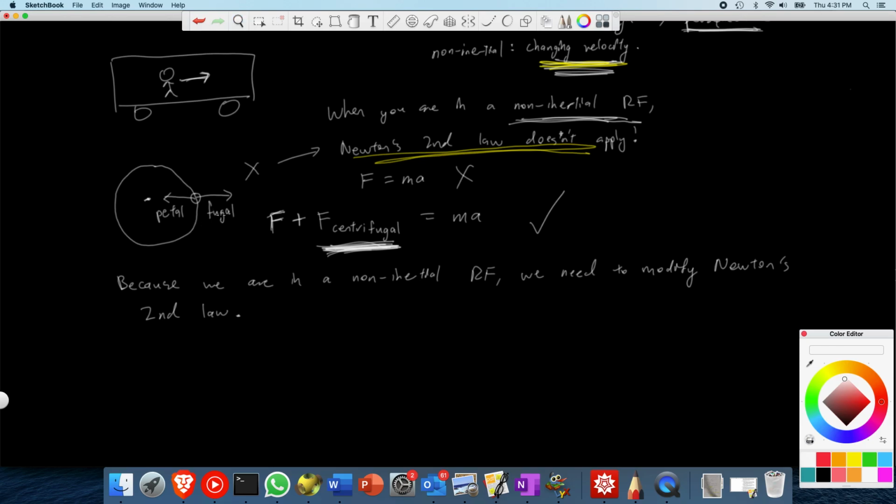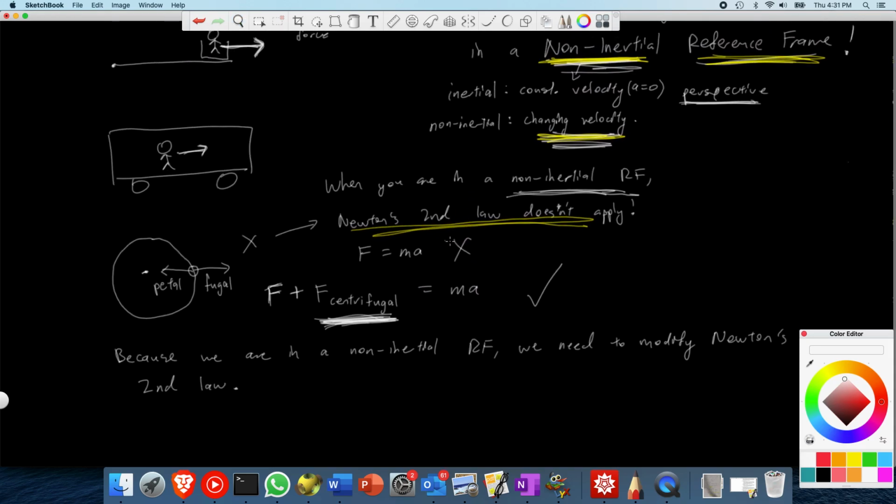So this additional centrifugal force term is a term that you need to add to modify Newton's second law in order for it to apply in a non-inertial reference frame.